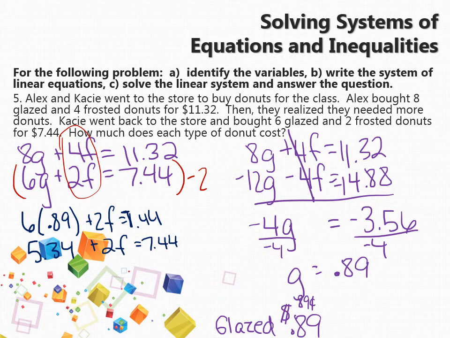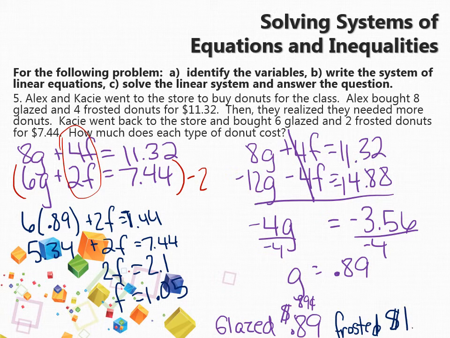I'm going to take that 744 and I'm going to minus the 534, which gets me to 2.1. And if I divide by 2, I've got F equals $1.05. So frosted, make sure you use the full word, costs $1.05.